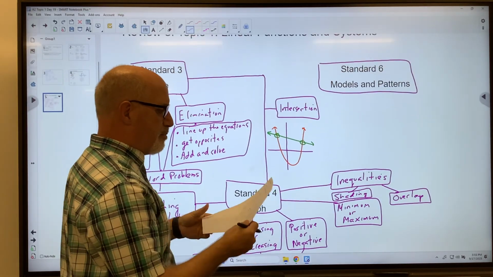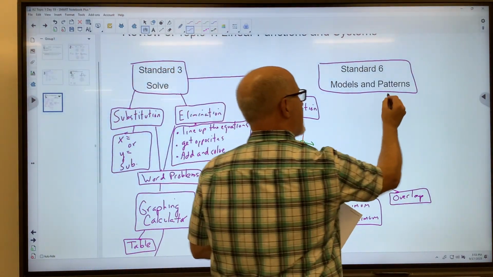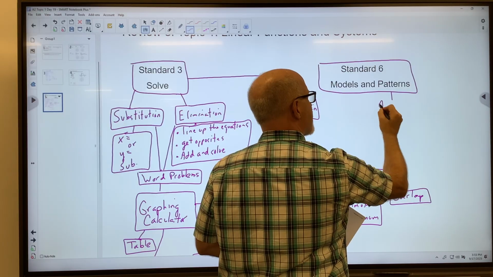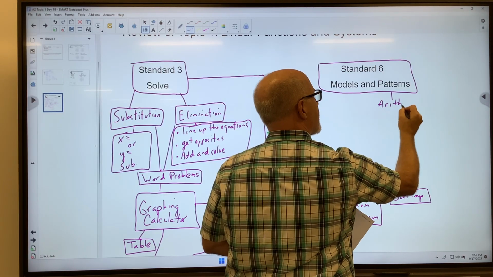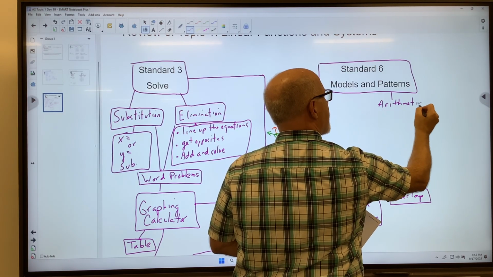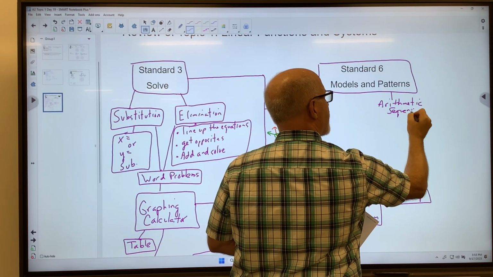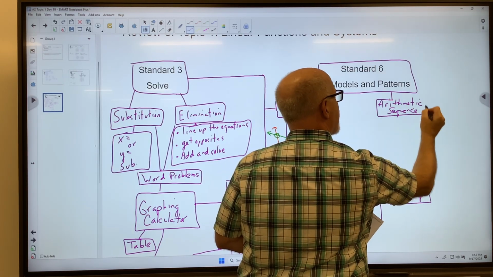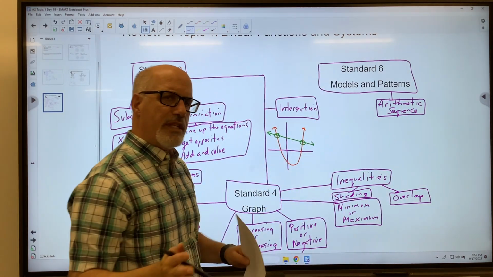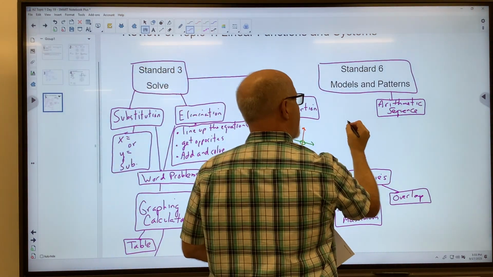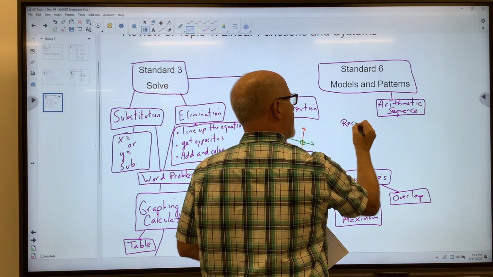And then models and patterns. This is where we did arithmetic sequences. Okay, we had two forms we did the arithmetic sequence. We had the recursive form.